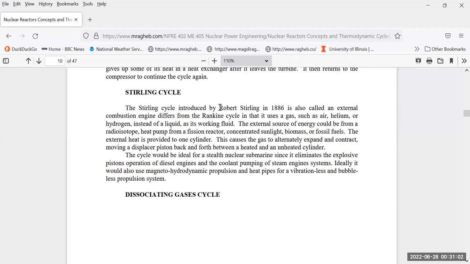In the Stirling cycle, the cylinder that is moved to produce mechanical power into an electrical generator is heated from the outside. Hence, it is ideal for thermal solar. When you concentrate solar energy on the external cylinder, then the Stirling cycle would be the best cycle to use in that case.